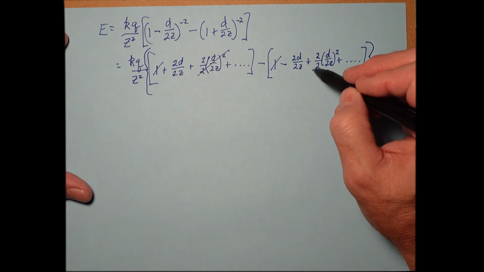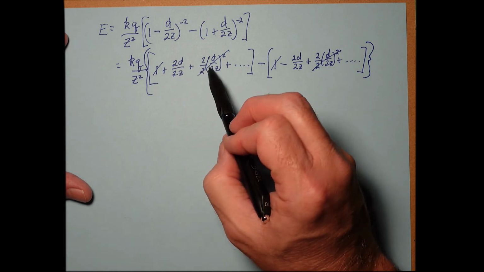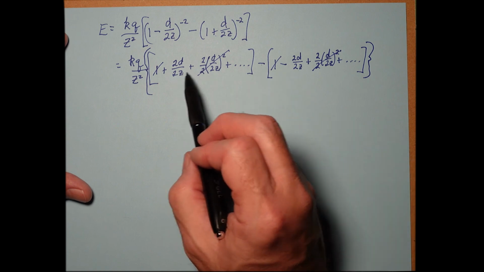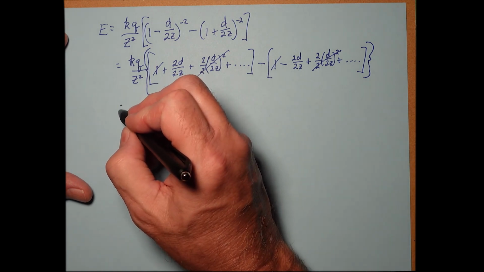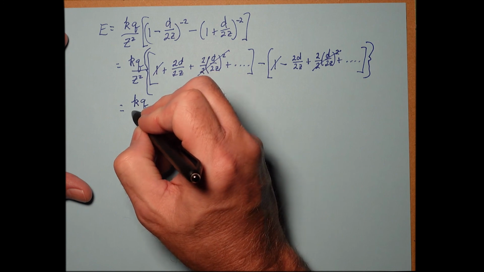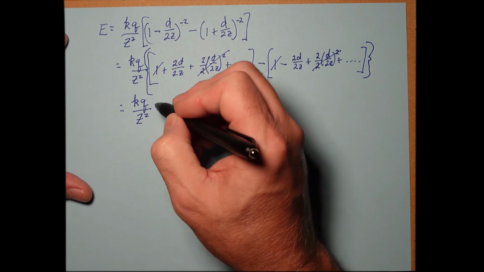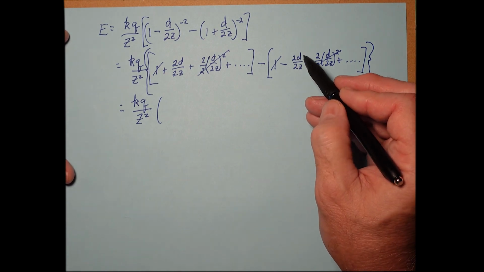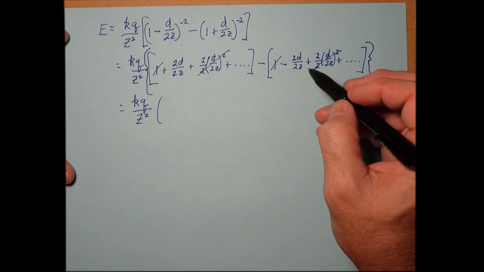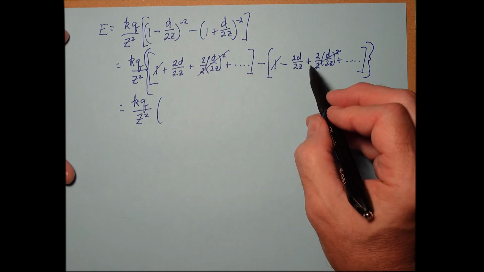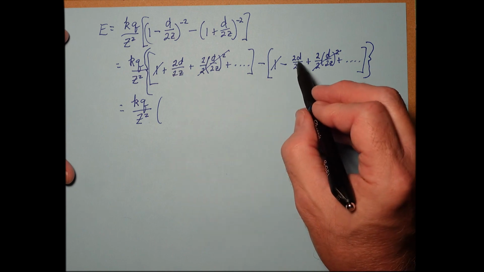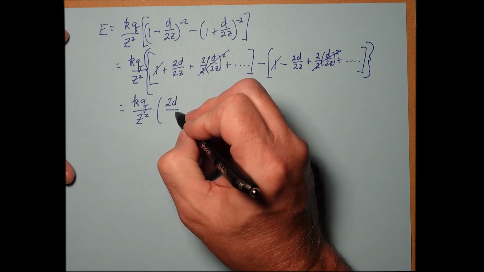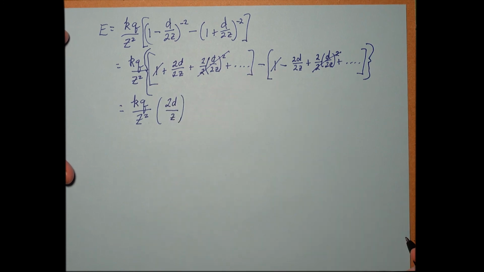So this term and that term are going to cancel. So out to this third term here, you're really only dealing with that 1 term. So this can be rewritten as kq over z squared times, and now there's going to be 2 of these, so there's going to be 2d over 2z terms, which means that when I add them together, they're going to be 4d over 2, and whenever I cancel, so it's just going to be 2d over z, like that.